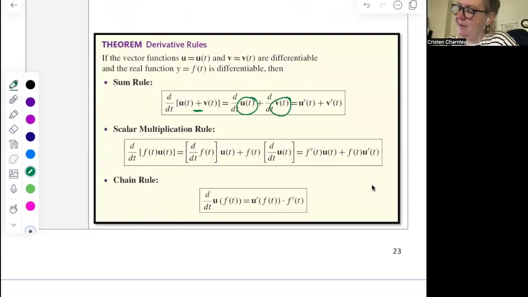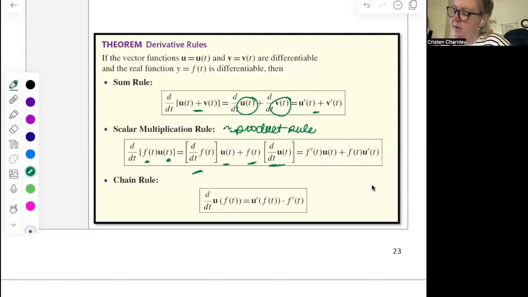This could also be a minus, by the way, plus or minus rule. Scalar multiple rule. If you're going to multiply by a value in the front, so a vector times a vector, right? What does this look like? This is your product rule. So first derivative of the second plus the second derivative of the first. So this is your product rule.